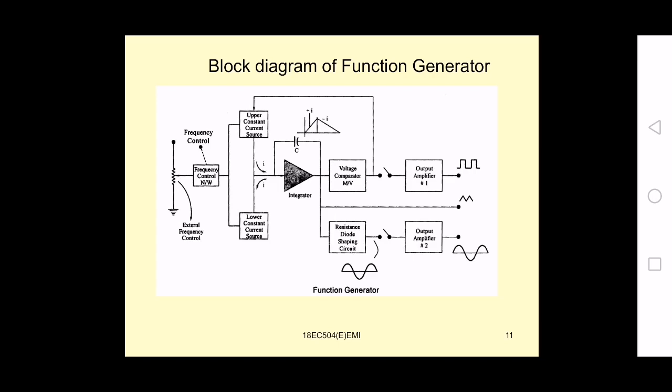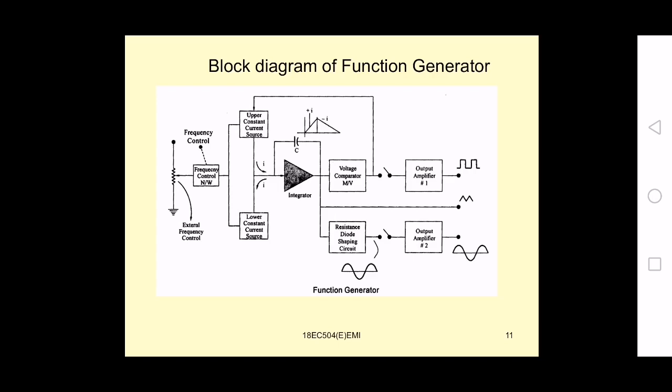So the integrator output is directly a triangular one, and whatever output is coming after the voltage comparator multivibrator is the square wave, and whatever output is coming after the resistance diode shaping network is the sine wave. So going into this circuit, here is the block diagram. These are the different parts, and going into the working of this one.